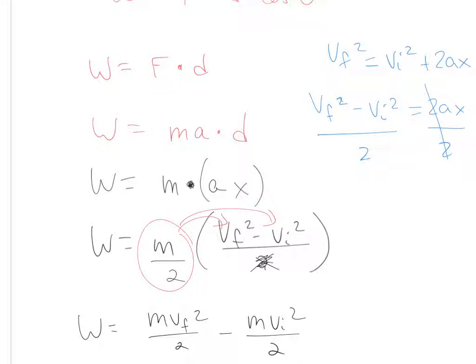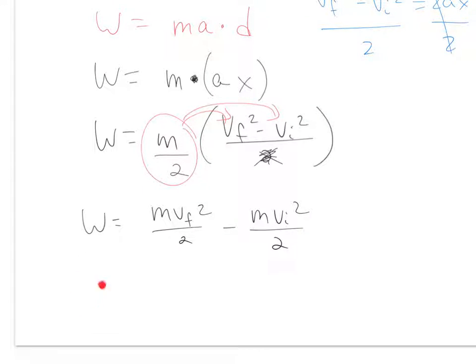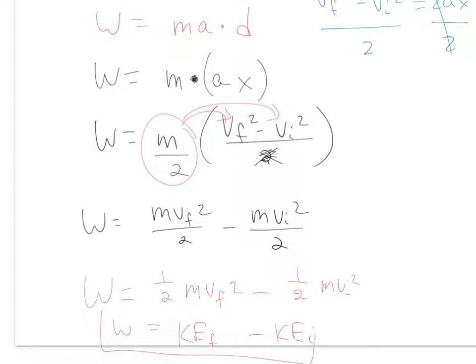M over 2, that's just half. This is kinetic energy. That's all this is. Really, what this formula is telling us is the following. The work done on an object is 1/2 mvf squared, or kinetic energy final, minus 1/2 mvi squared, or kinetic energy initial. That's the work kinetic energy theorem at the end.